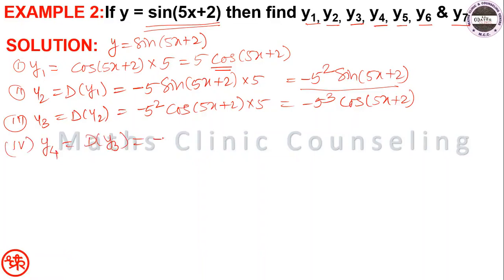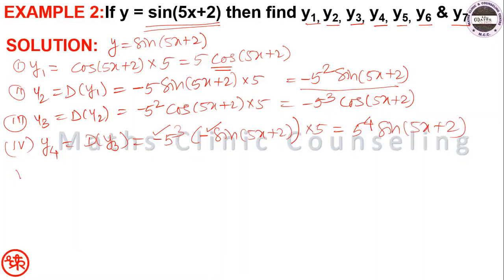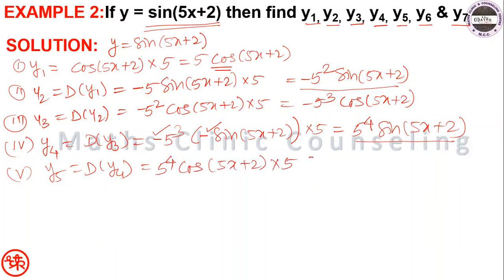D of y3, minus 5 cube into the derivative of cos, which is minus sine of 5x plus 2, into 5, and so minus minus, this minus and this minus will be plus, so you will get 5 to the power 4 sine of 5x plus 2. Is that clear? Then y5, that is d of y4. If you differentiate this, what will come? It is 5 to the power 4, the derivative of sine will be cos, that is 5x plus 2 into 5. Is that clear? 5 to the power 5 into cos of 5x plus 2.